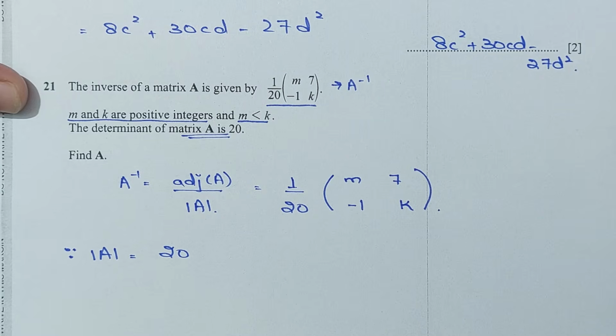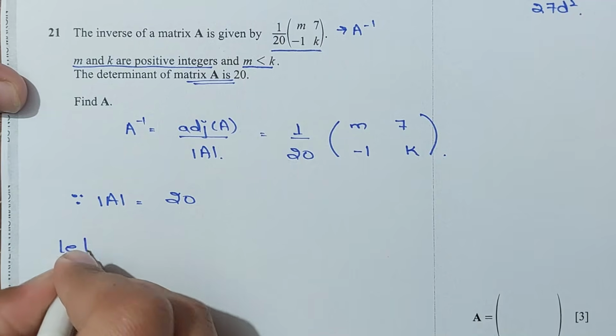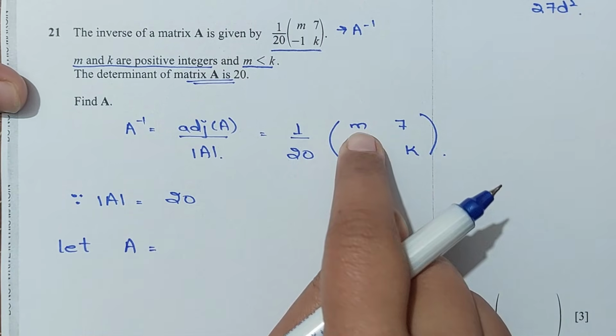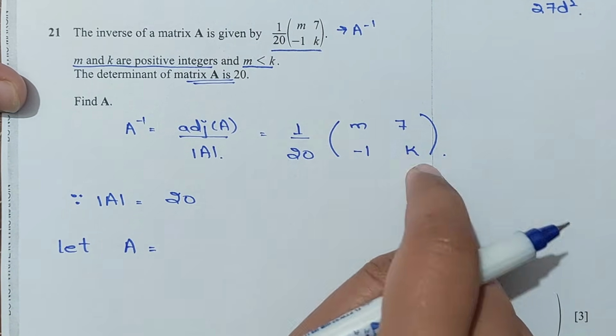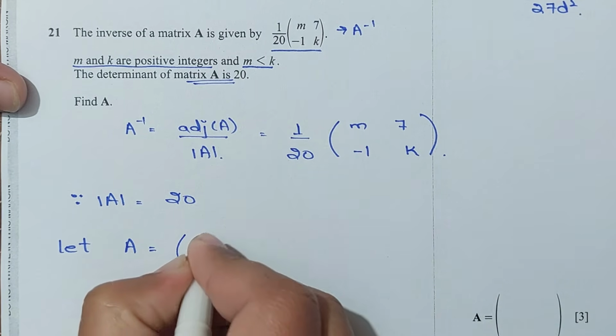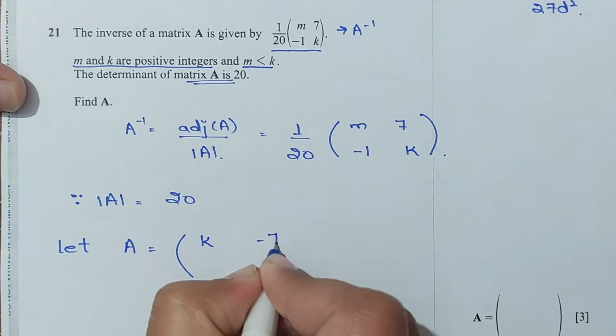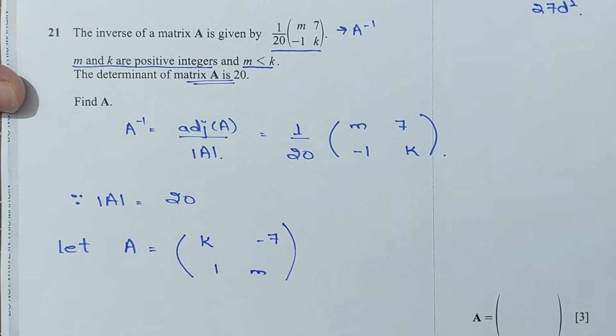This is the adjoint of the matrix, all right? So let A be equal to, when we have adjoint, we have to change the positions of these two. m and k becomes k and m, and we have to change the signs of these two, becomes negative 7 and 1. This is my matrix A.